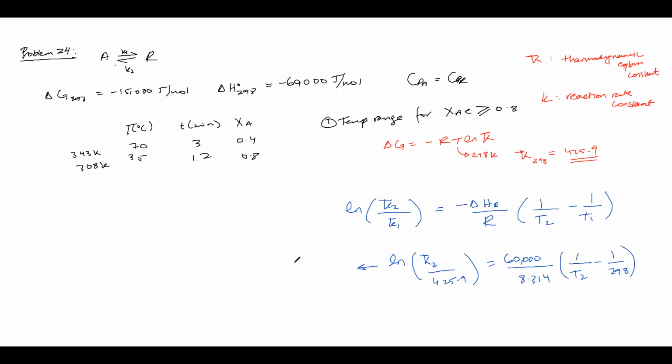So now I have K as a function of T. This is my first equation or first expression, K as a function of T, okay? And now the second thing will be to use the definition of K. So you can call this step 1, and then step 2 right here will be to use the definition of K to get a relationship between K and conversion.